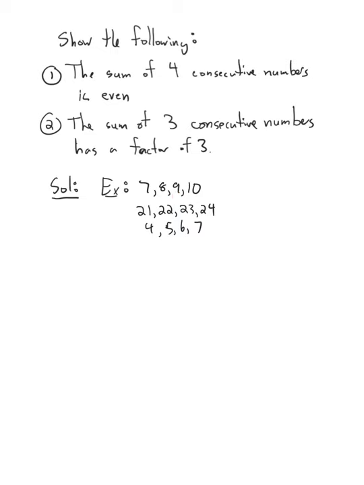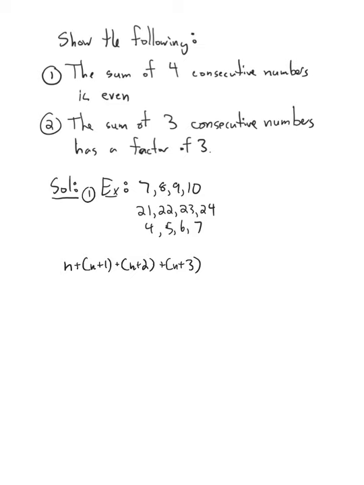To get to the number after that, I added another 1. And to get to the number after that, I added another 1. So, my 4 consecutive numbers are going to be n, n plus 1, n plus 2, and n plus 3.